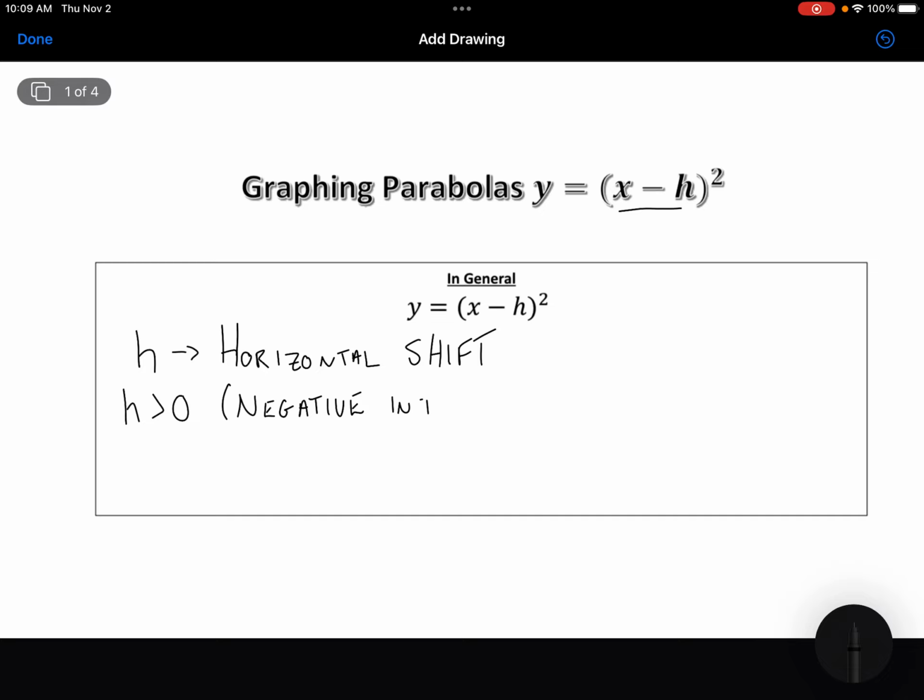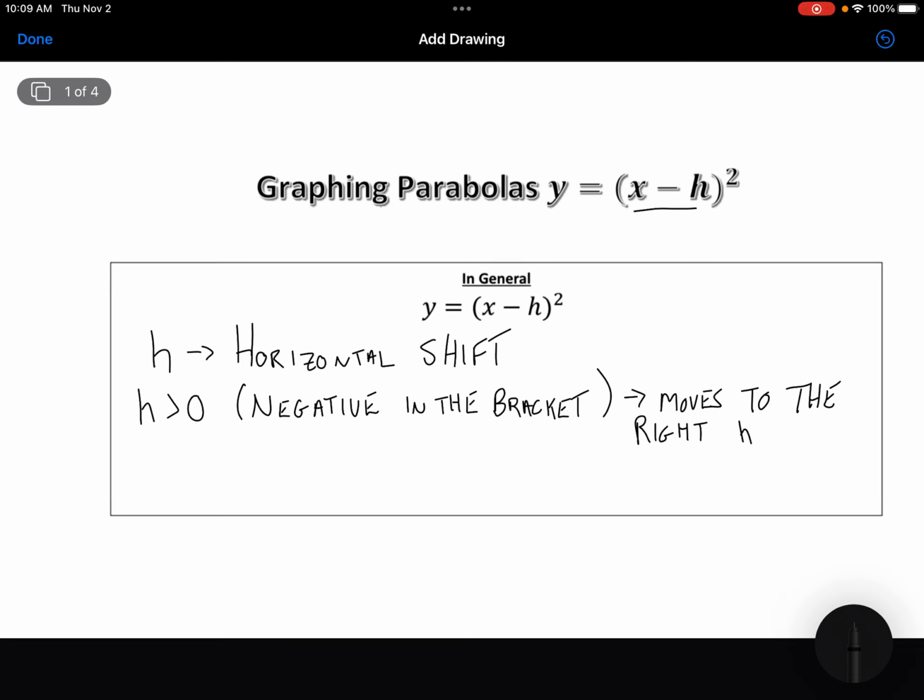So a negative in the bracket moves to the right h units, or positively h units.